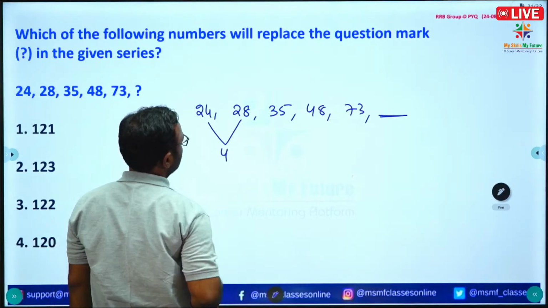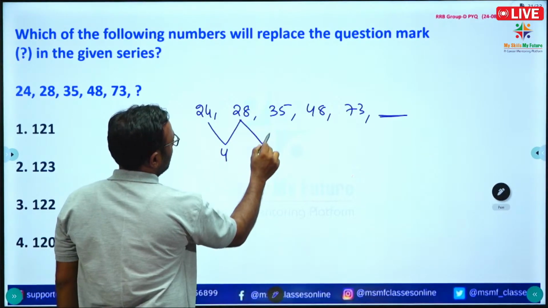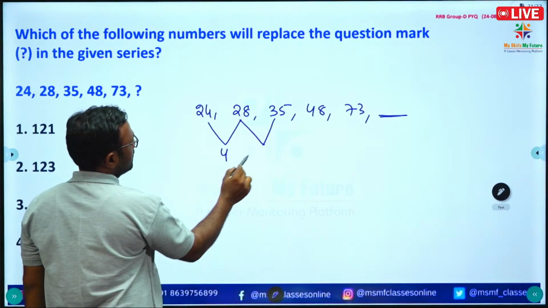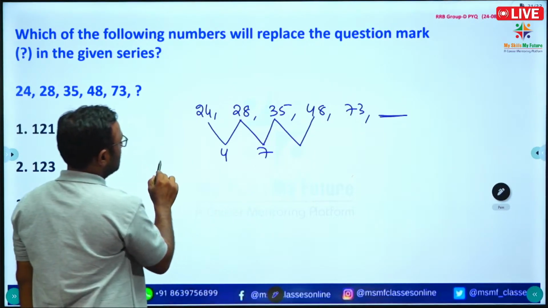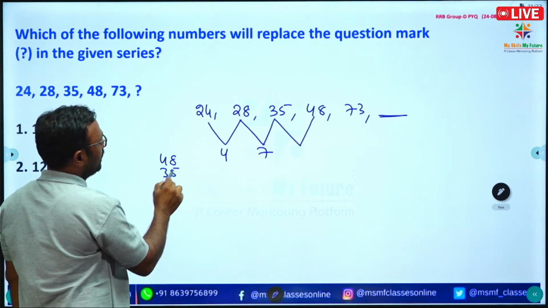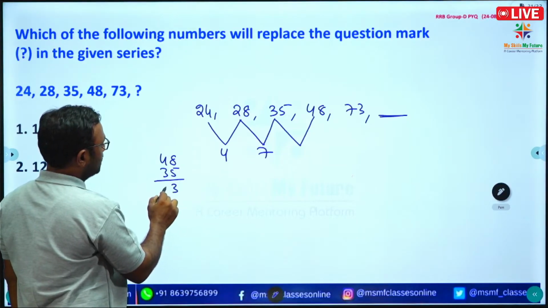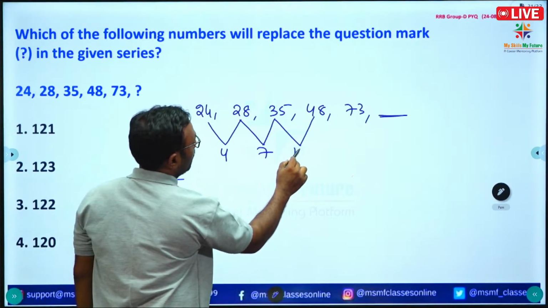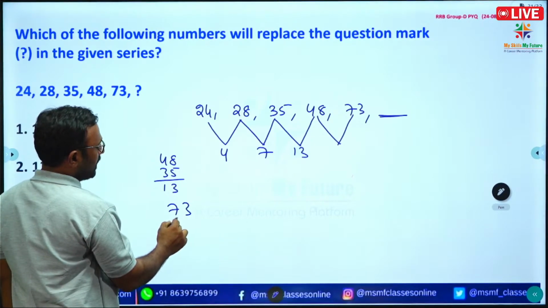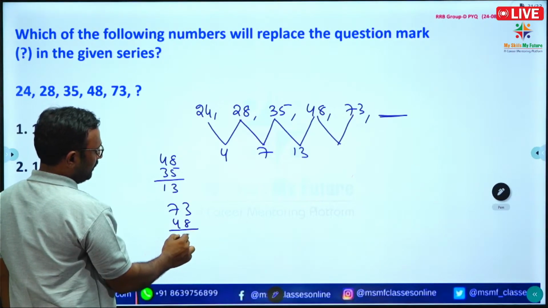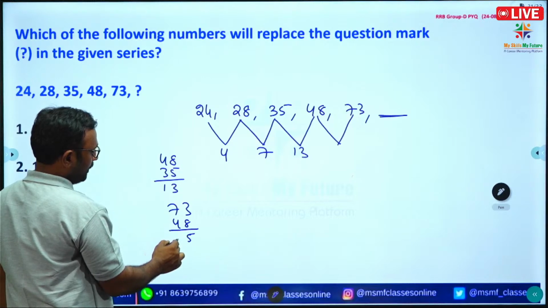Here the distance is 4, here the distance is 7, and here the distance is 48 minus 35, so we get 13. Here the distance is 73 minus 48, we get 25.